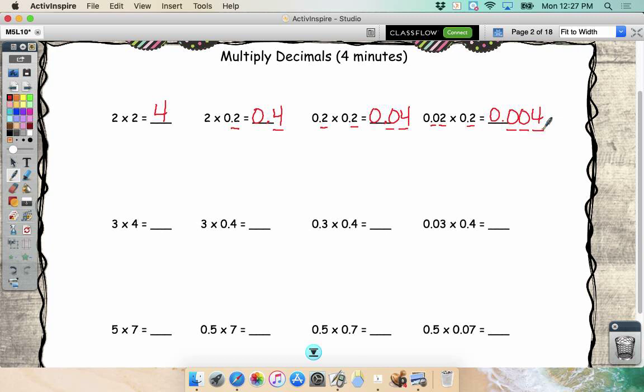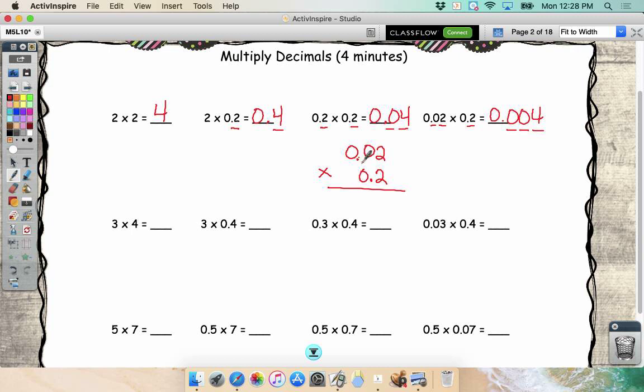Now I want everybody to put the pencil down, because I'm going to have you finish this, but before you do, I want to ask a question. What if they wrote the problem vertical? It's the same thing. There's no reason to use turtle head multiplication on this problem, because you know what 2 times 2 is. 4.